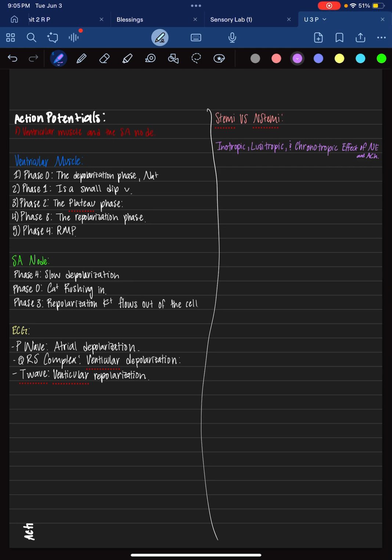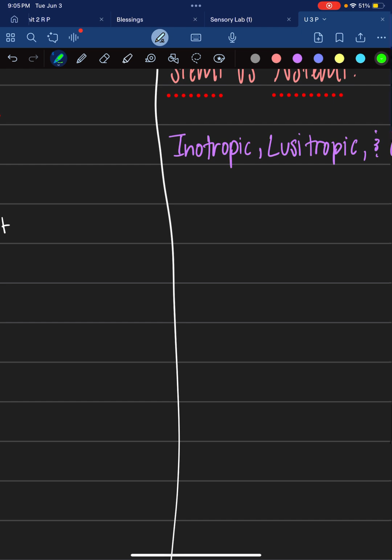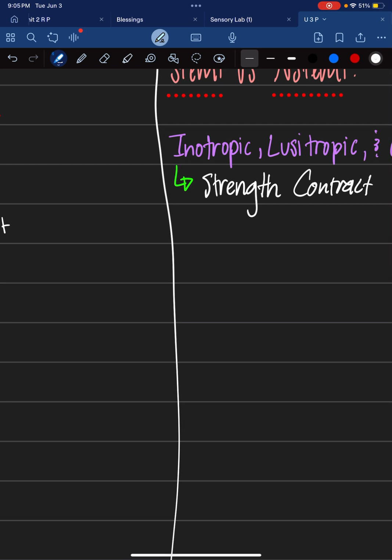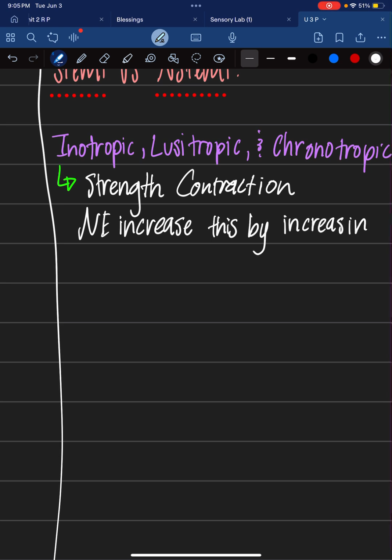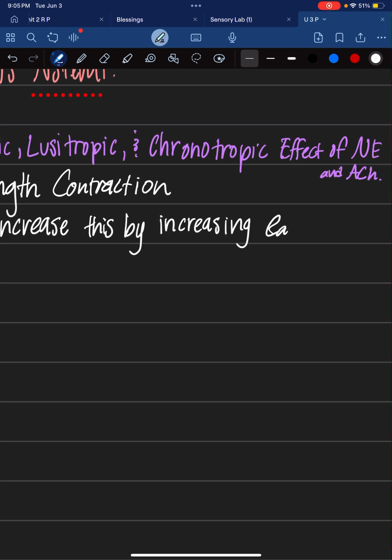Inotropic means strength of contraction. So NE increases this by increasing calcium availability.